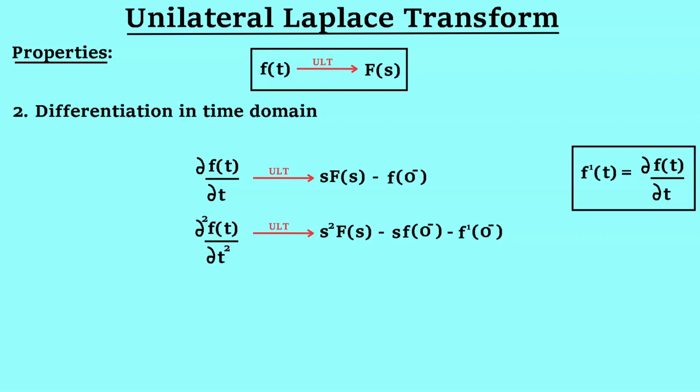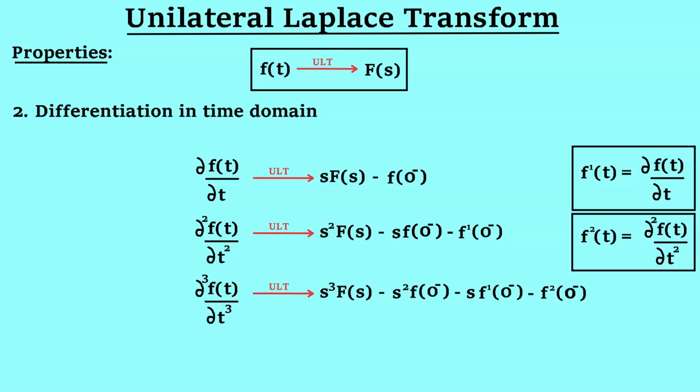If the function f(t) is differentiated two times, then its unilateral Laplace transform will be equal to s squared into F(s) minus s times the value of function f(t) just before t equal to 0 minus the value of the derivative of function f(t) just before time equal to 0. The same sequence will continue if we have to find the unilateral Laplace transform of further derivatives of function f(t).